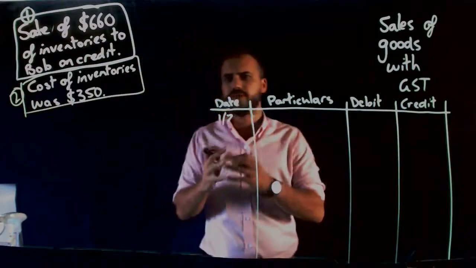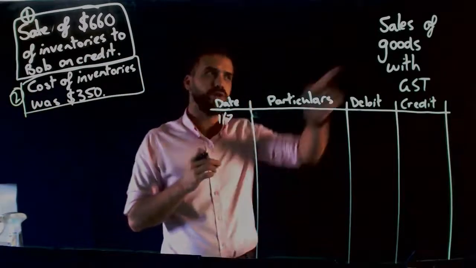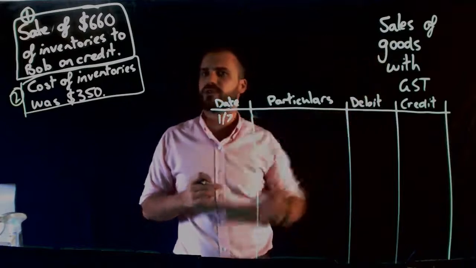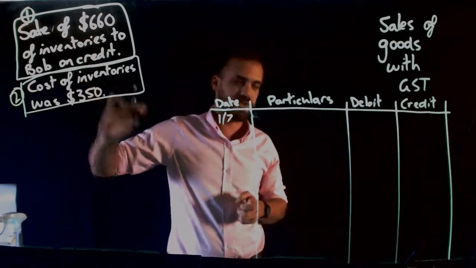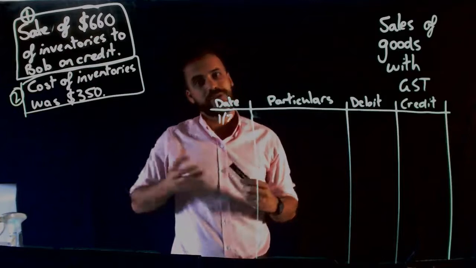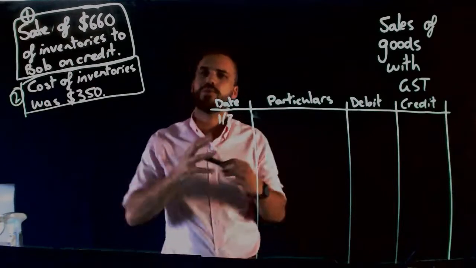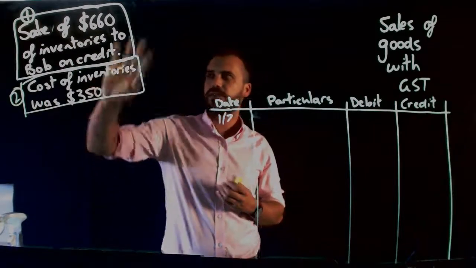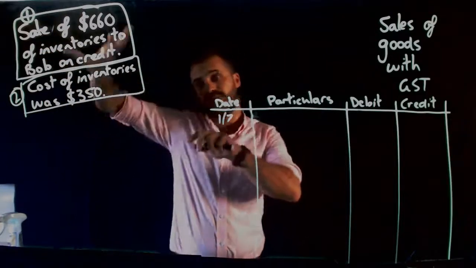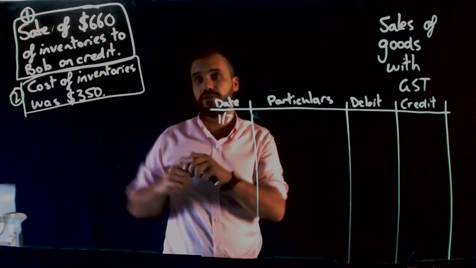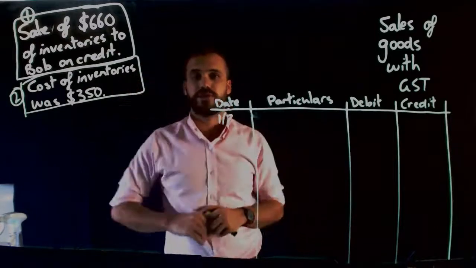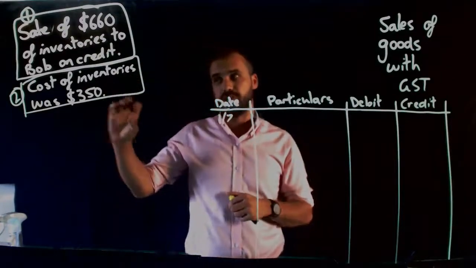Now, if you get this idea in your head that every time you sell your inventories, not one transaction, but two transactions are taking place, things are going to be really nice and sweet and easy. It's a good idea to get in the habit of trying to break it up like that. Circle around one, circle around the other, and then do the two transactions separately. So I'm going to do the first transaction, then I'm going to do the second.